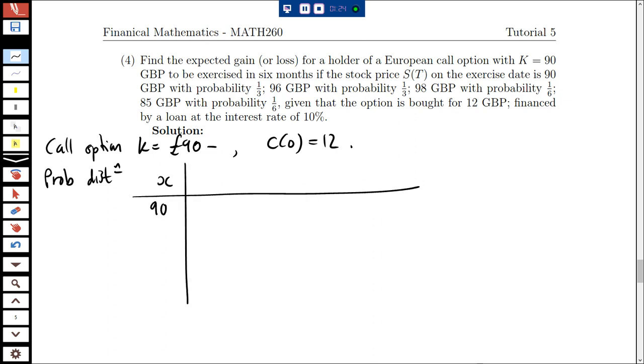It could be £90, and the probability of that is 1/3. So the probability that the share price at the exercise date equals £90 is 1/3.